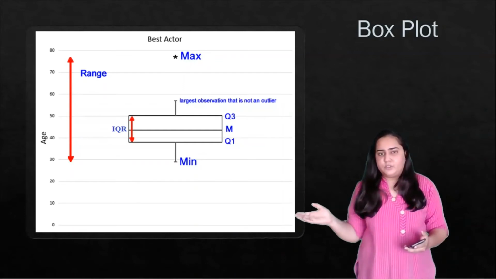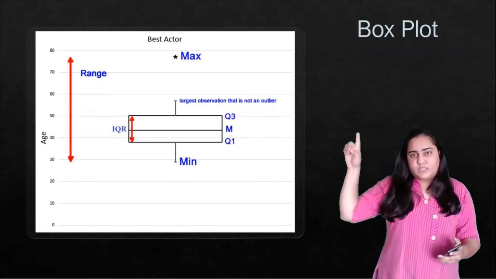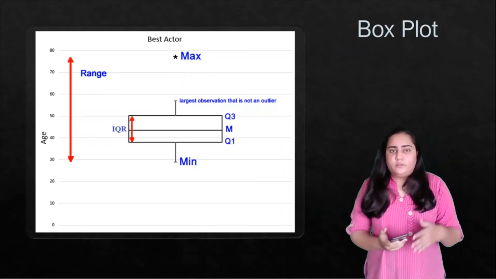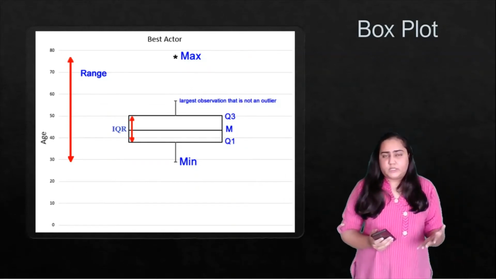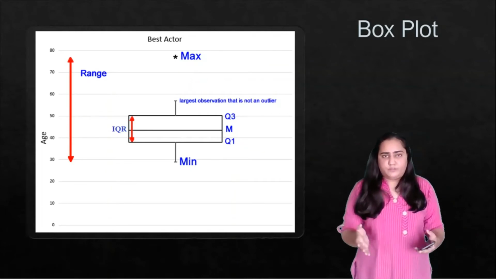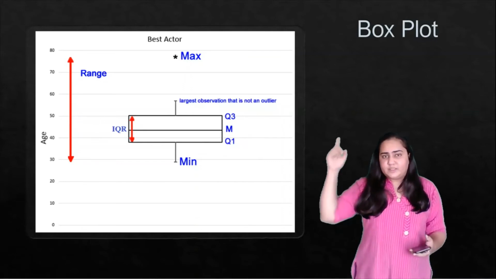So we do not have to show min separately; we show it with the box itself. And the maximum value you can see is right on top. The reason for that is we have observations that fall way beyond this 1.5 criterion, which are outliers. That's why our max is going up there.